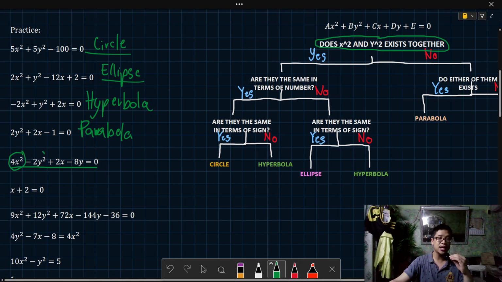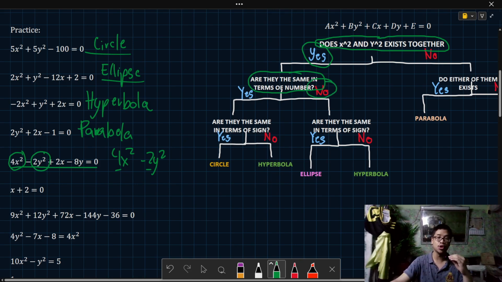There exist x squared and y squared, so the answer is yes. Now the second question, are they the same in terms of number? We have 4x squared and negative 2y squared. They're not the same. We have 4 for x, 2 for y, so the answer is no.